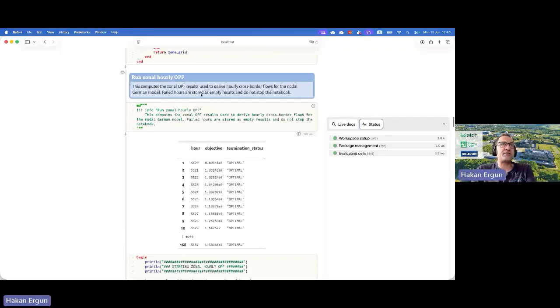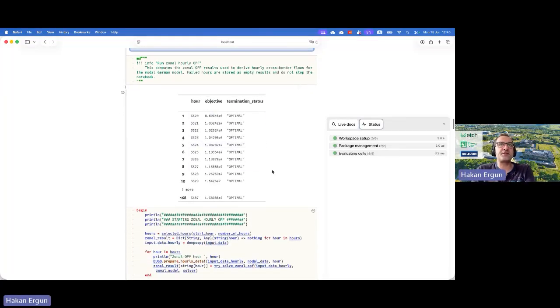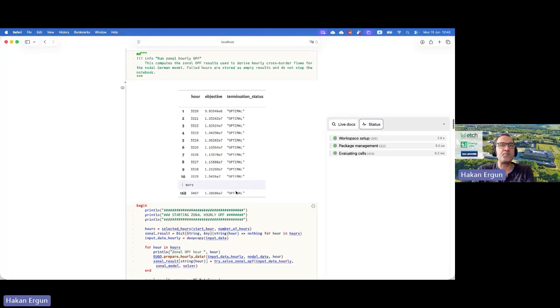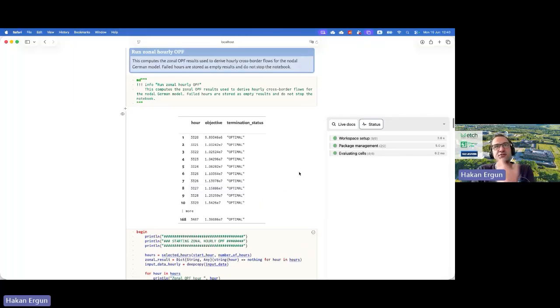So when you then actually run the zonal model, this is the typical output that you can get, where you can actually see the objective function value, and then how the optimization has terminated. And again, this calculation is going to give us the generation dispatch per type.